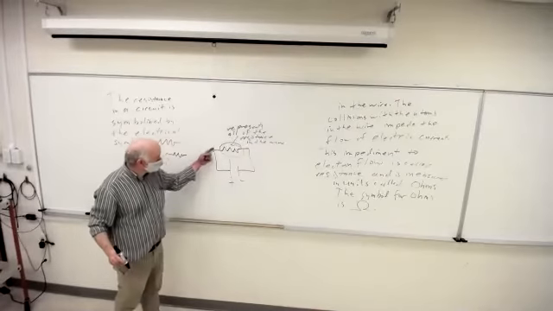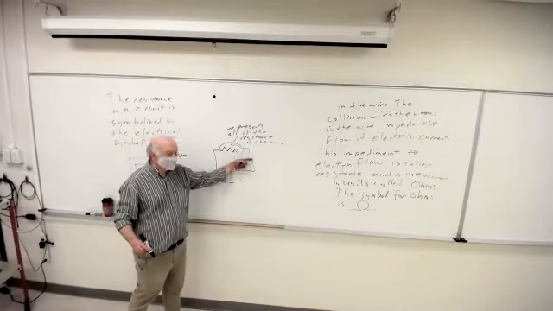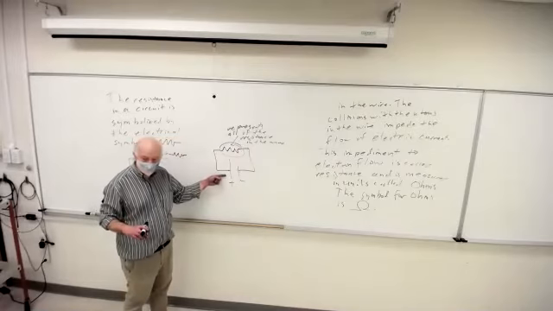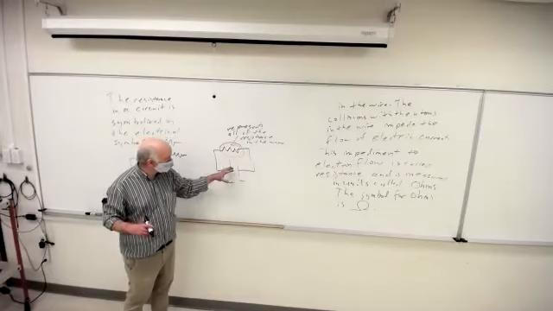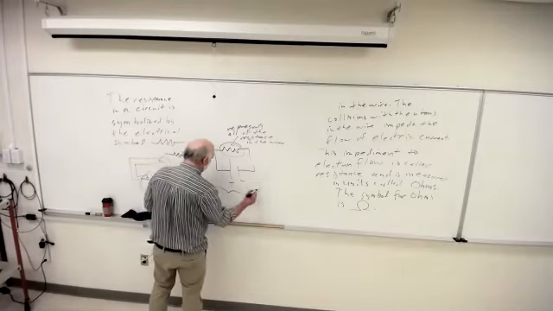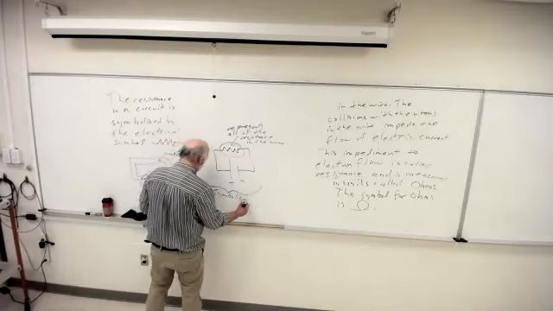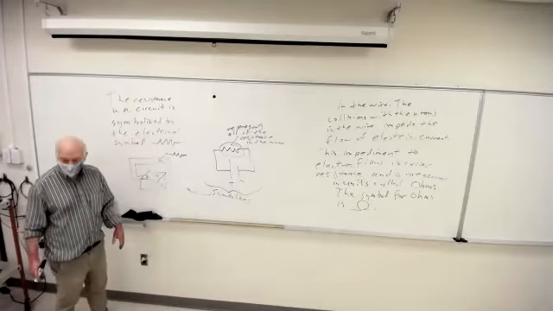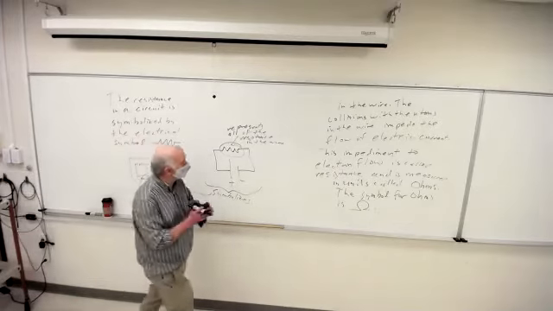Here's wire, here's wire. Any resistance that this wire would have, I'm dumping into this right here. So this right here is a symbol for this circuit here. Does that make sense?